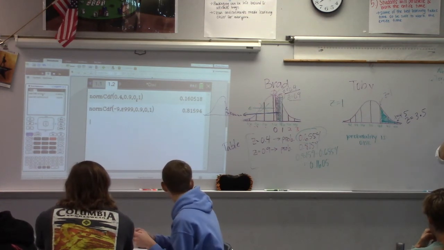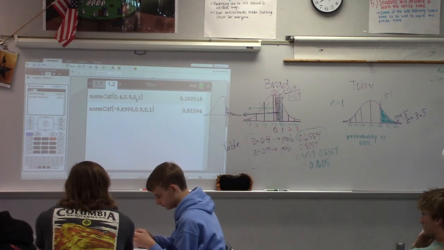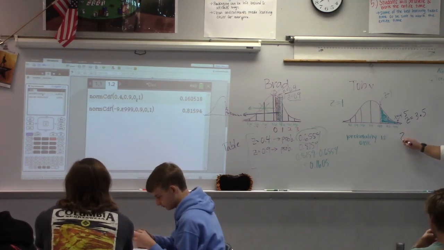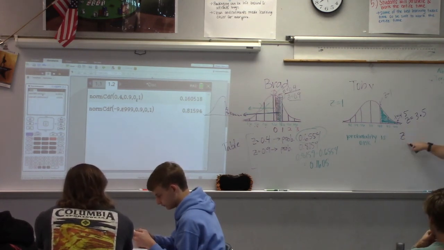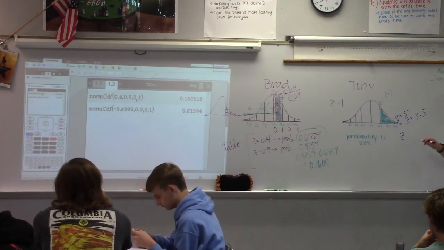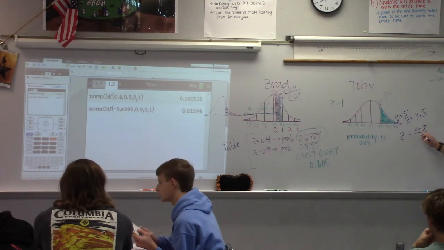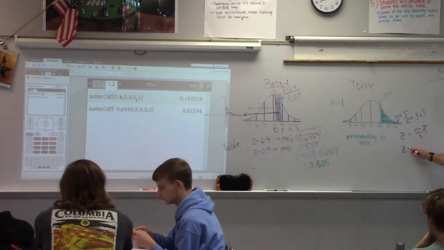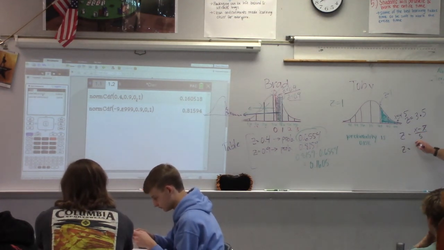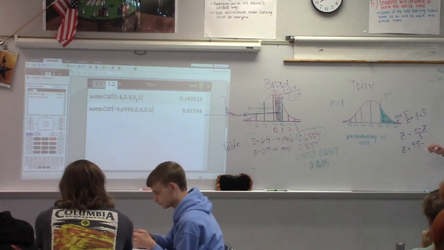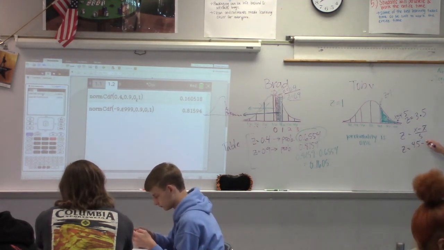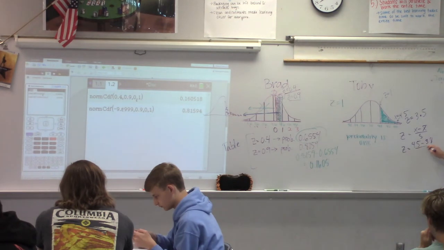So how do we calculate z? Notice how it says z equals. How do we calculate z? So the value is 4.5. What's the mean? What's the standard deviation?